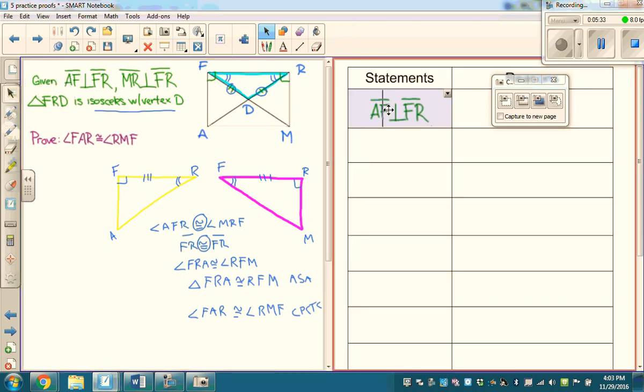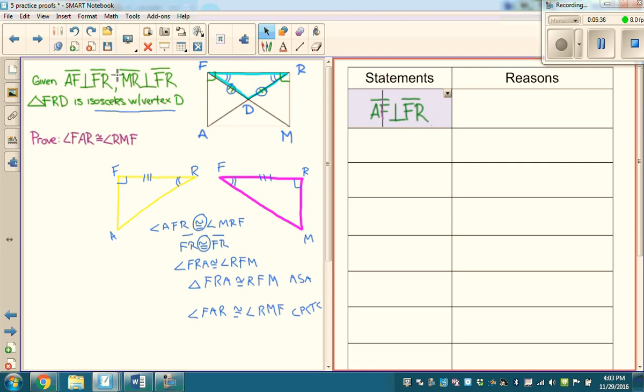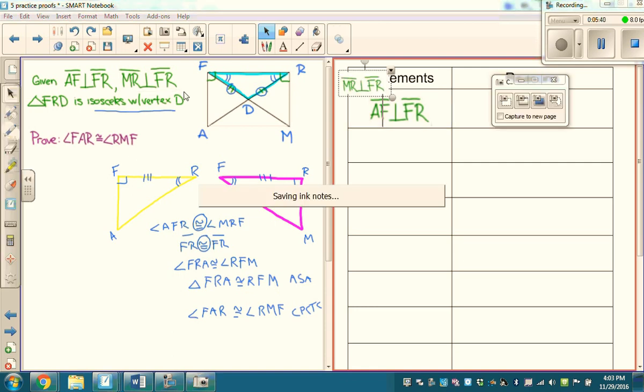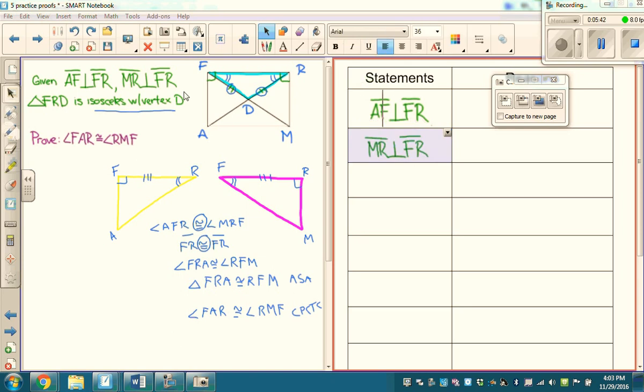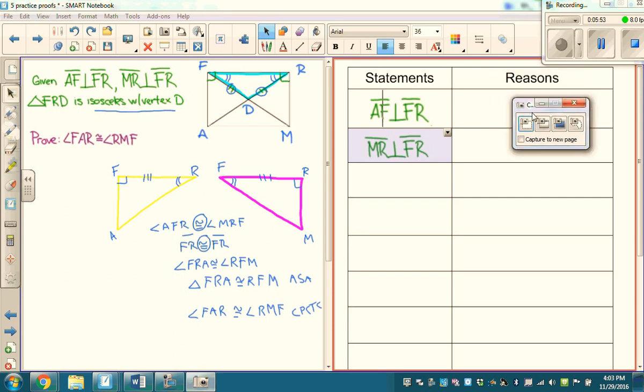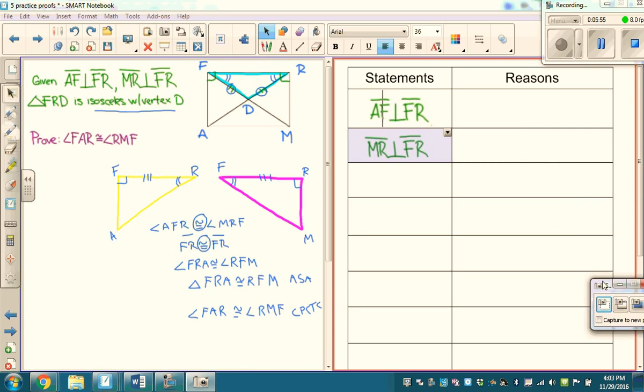Got a little extra line in there. That's okay. And I'm given this. And I'm going to slide it in there. And the results will do some writing about. So let's just move this out of the way and start writing.